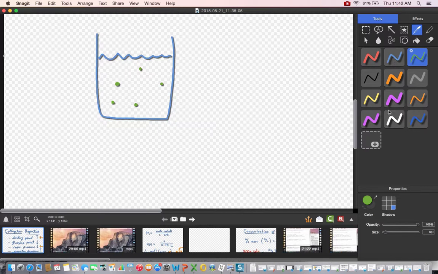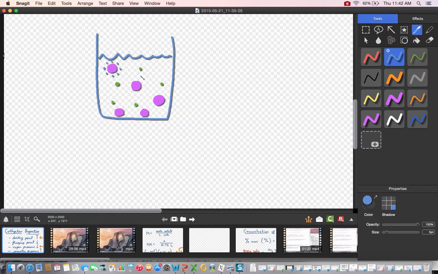Cl minus, of course they're larger. And for both Na plus and Cl minus, we have water molecules that surround these ions.